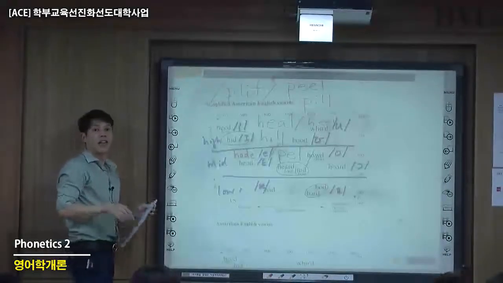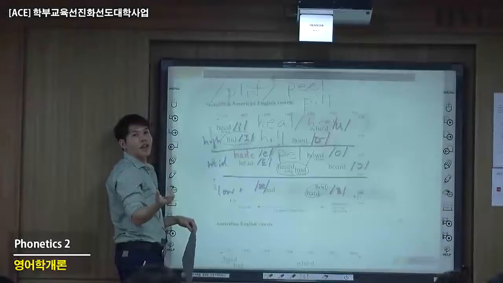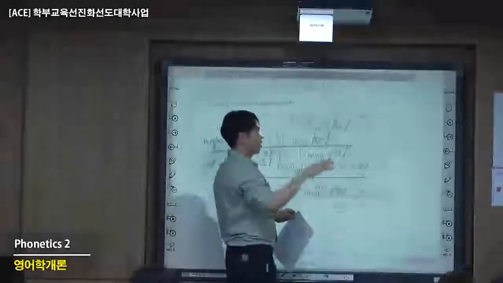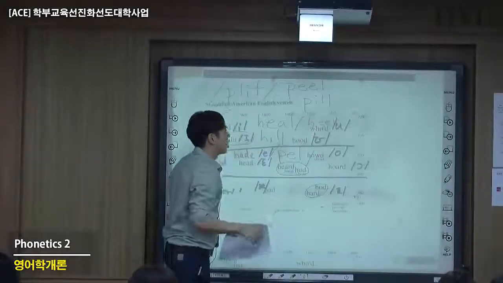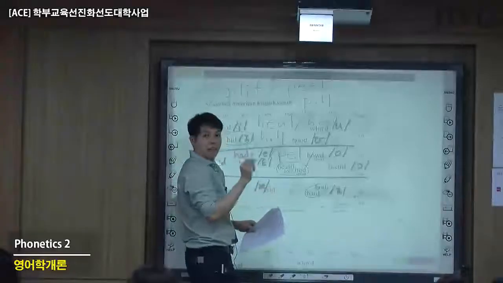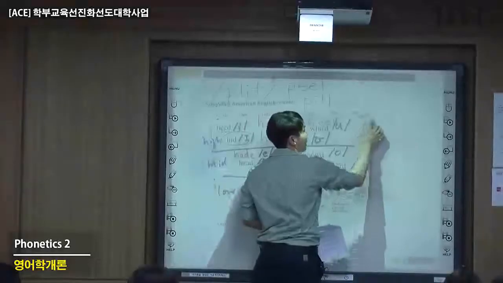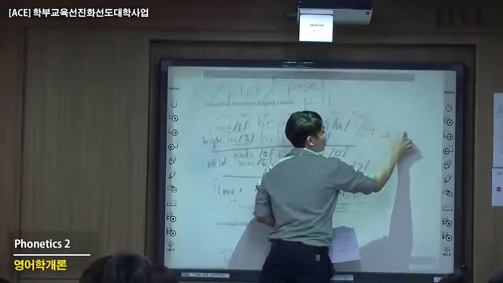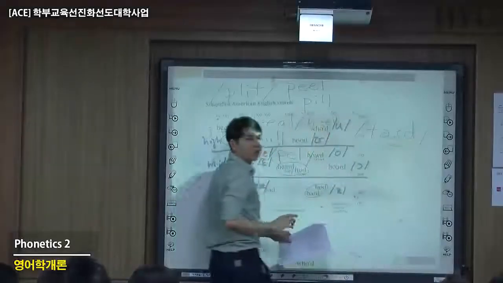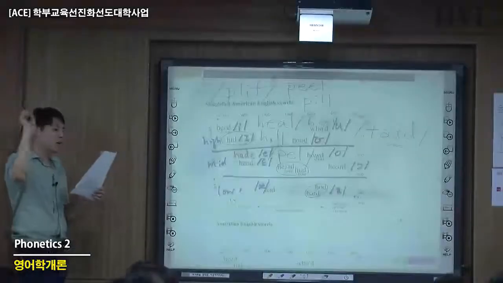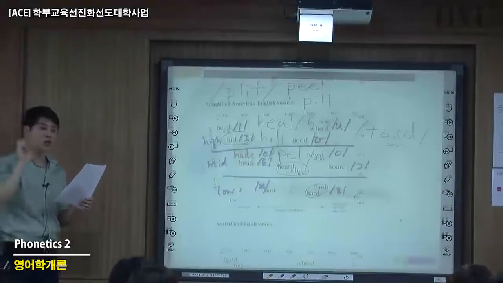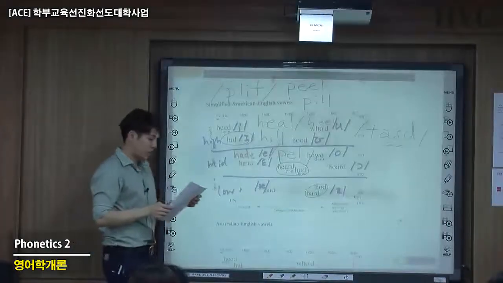Tide, right? Time and tide wait for no man, right? Tide is like the current of water. So tide is a diphthong, like that, right? So this is a diphthong, so not the same. So the only one which is the same is number 2, right? Sit, number 2.